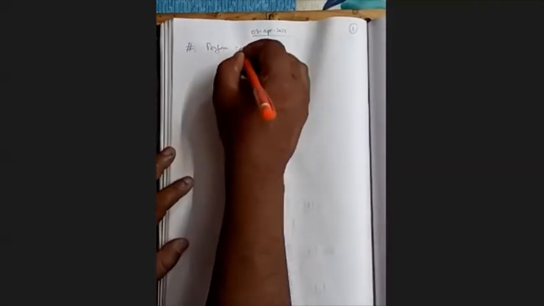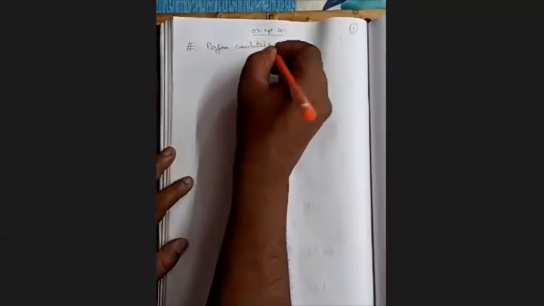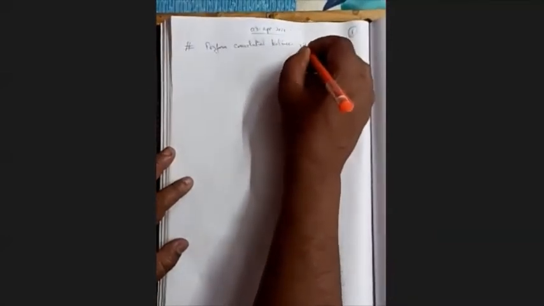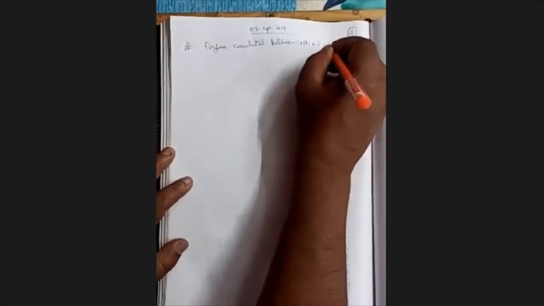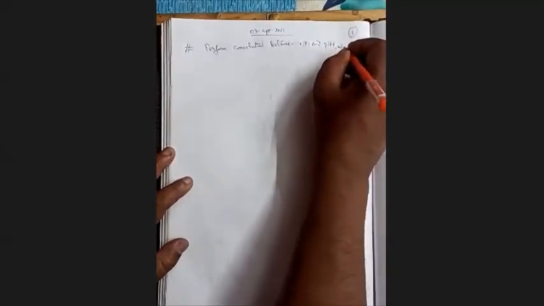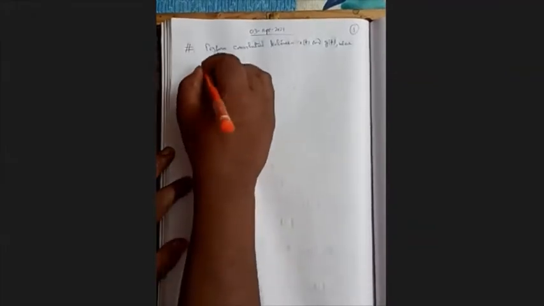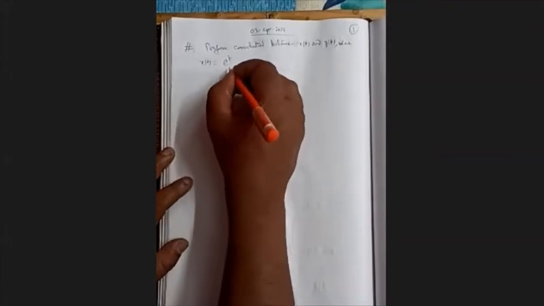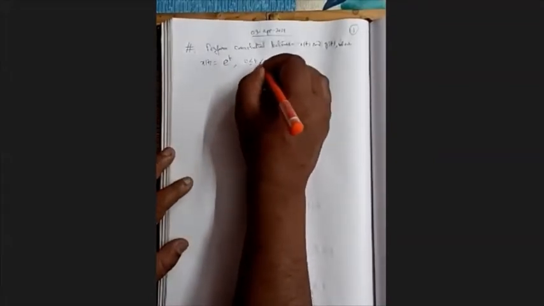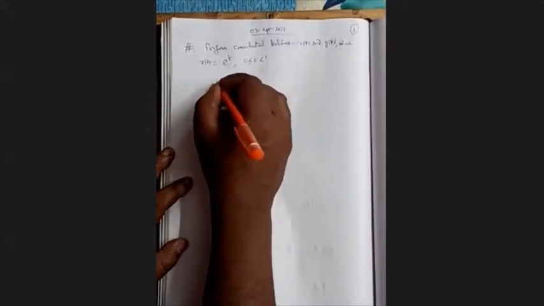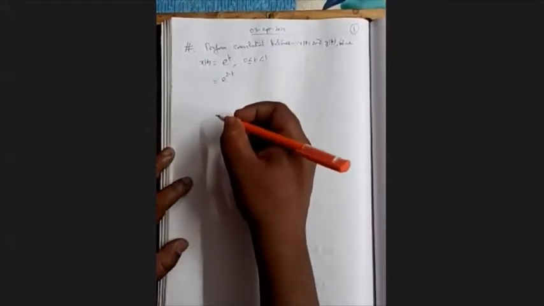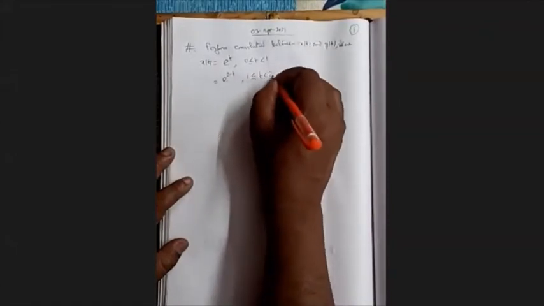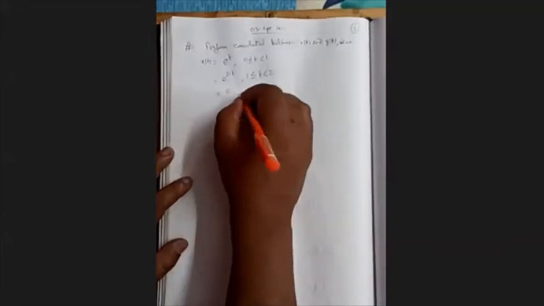Perform convolution between x(t) and g(t), where x(t) equals e to the power t, t is in between 0 and 1; e to the power 2 minus t, t is in between 1 and 2; and 0 elsewhere.